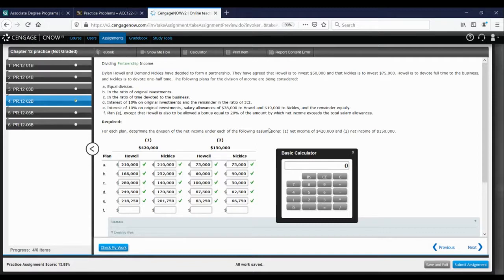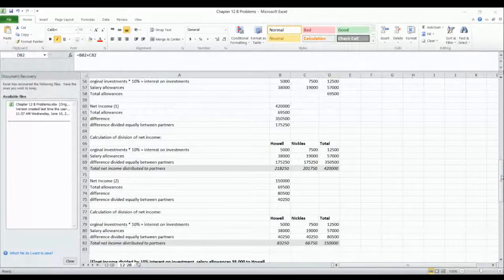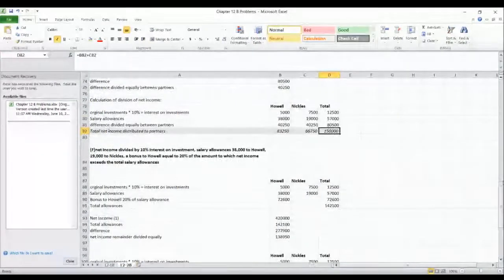So again, I'm going to stop sharing and I'm going to go to the Excel spreadsheet to show you how I've calculated the amounts for these partners. You should be able to see the spreadsheet again. I'm going to move this sheet down to Part F.